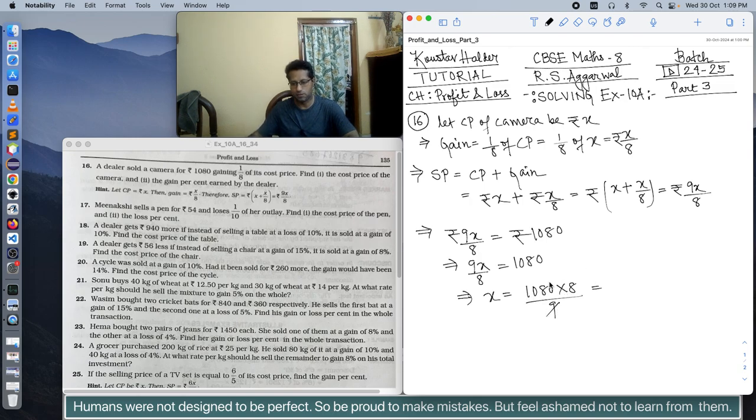So 9 divides 1080 with 120, and this is 960. So the cost price, first part, cost price is equal to rupees 960.